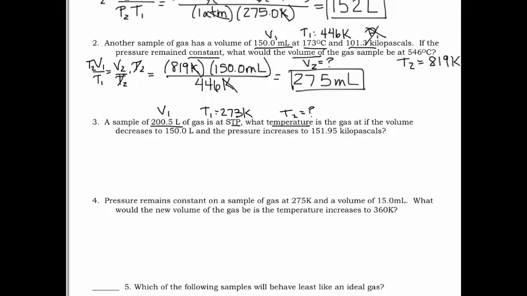If the volume decreases to 150 liters, that's V2, and the pressure increases to 151.95 kilopascals. So the pressure that I'm going to use for my standard pressure in the beginning is going to be in kilopascals units, which when you look at Table A is 101.3 kilopascals.